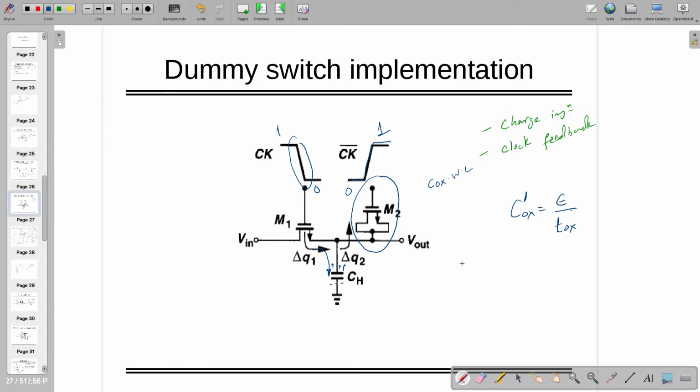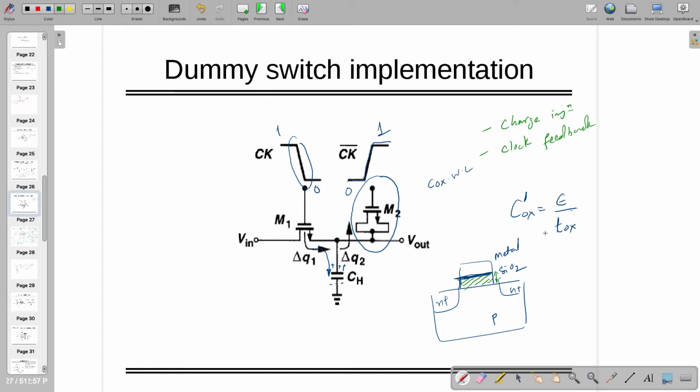The thickness of the oxide is exactly this one. So this is metal, SiO2, and this is called the oxide area. I am talking about this thickness.